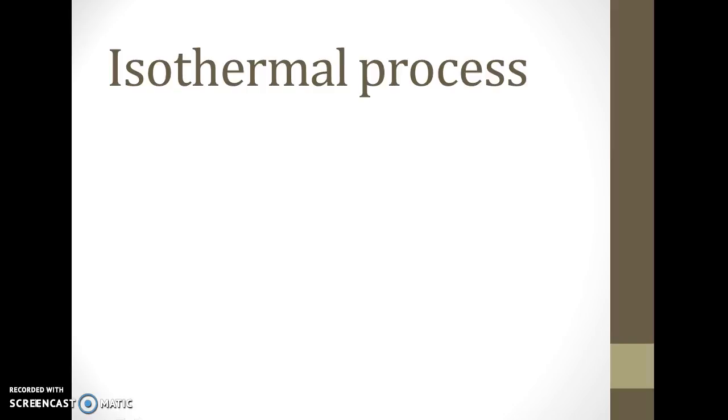So in this term isothermal, something is the same. So what is that something? That something is thermal, that is termed as temperature. So this is a constant temperature process. That means temperature is constant throughout the process.